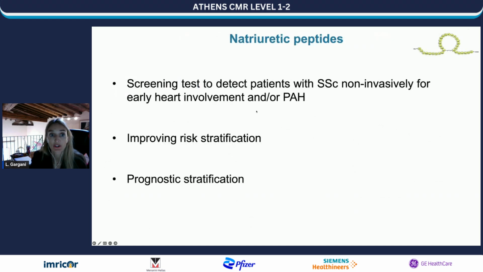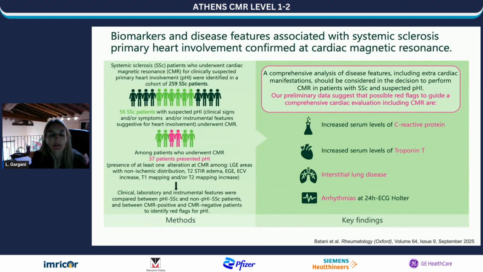So again, we can use natriuretic peptides as a screening test to detect patients with early cardiac involvement or pulmonary artery hypertension. And it helps to improve risk stratification and as a prognostic stratification for hard events such as cardiac mortality. But we can use these biomarkers, again also in conjunction, to try to find the good selection of patients that should undergo CMR.